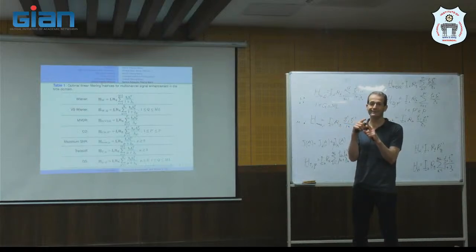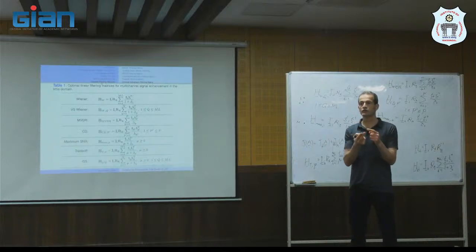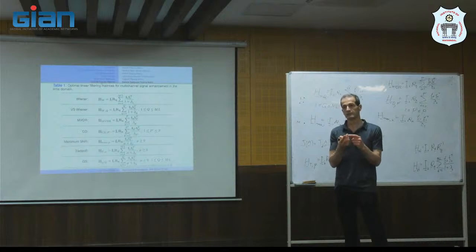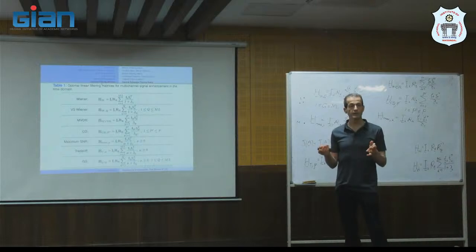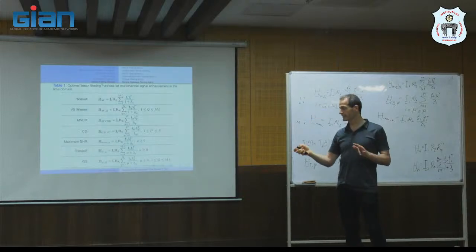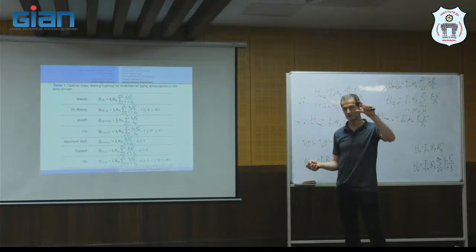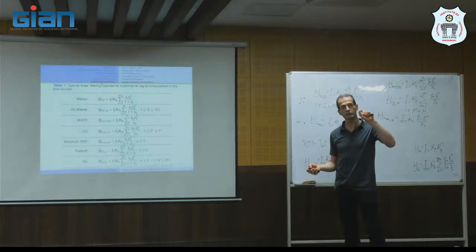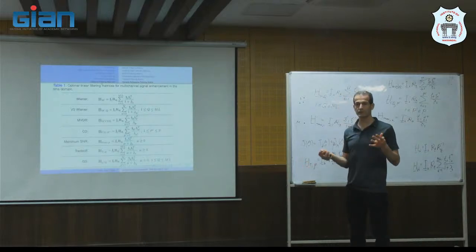So we multiply this component with any value. But if we multiply it with a certain value, we change the MSE, we change the distortion, and we change the noise reduction. So we can control the value by which we multiply this component. Still, we get the maximum SNR, but this variable will allow us the trade-off between noise reduction and distortion.